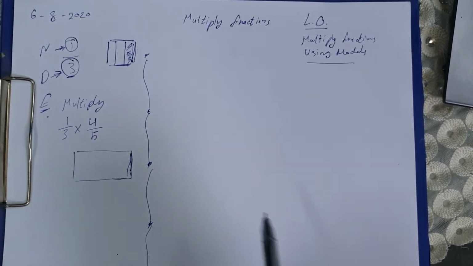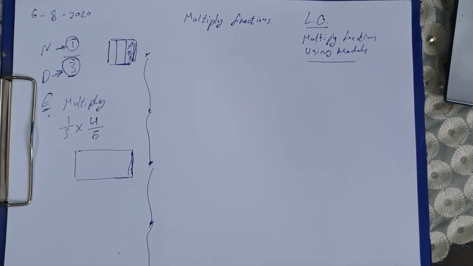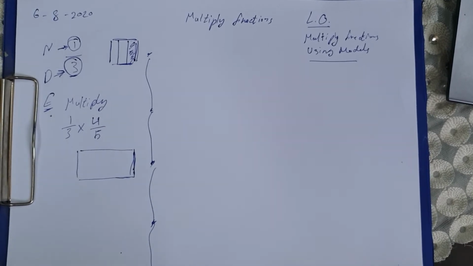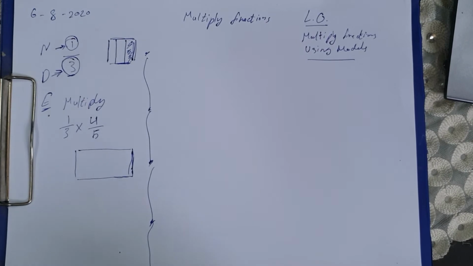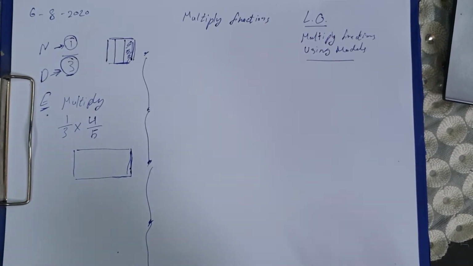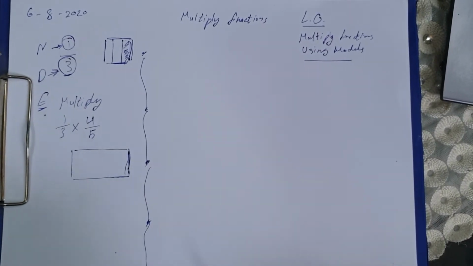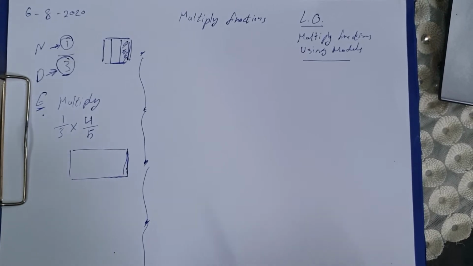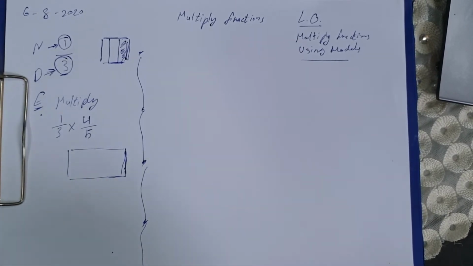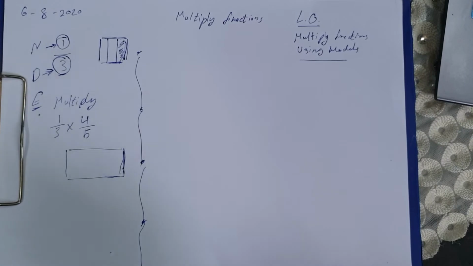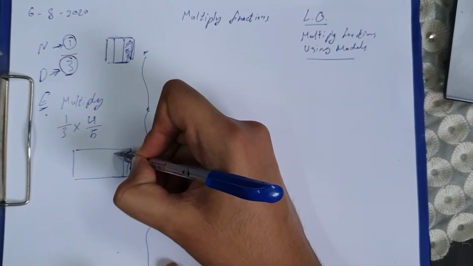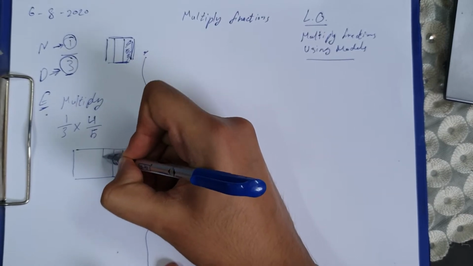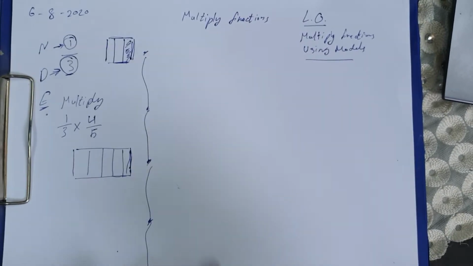I'm sorry about that. Try to make it clear. You can use your geometric tools. Then we can divide it into 5 equal columns to represent the factor 4/5. I will divide it into 5 columns, 1, 2, 3, 4, 5.